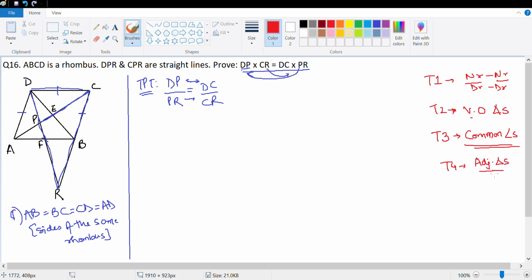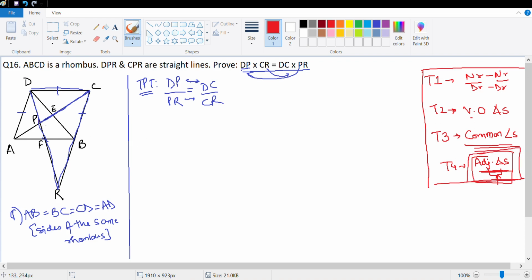At your level in grade 9 and 10, you may get questions asking you to prove adjacent triangles similar. It is possible that you get them, but this is the most difficult one. So for now, I hope you don't get it, but even if you do, we will come back to such questions later. So don't look at adjacent triangles first.